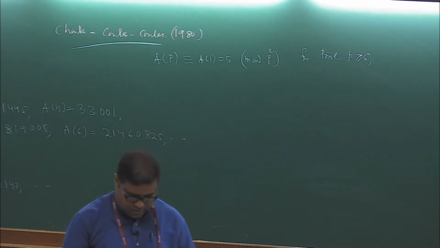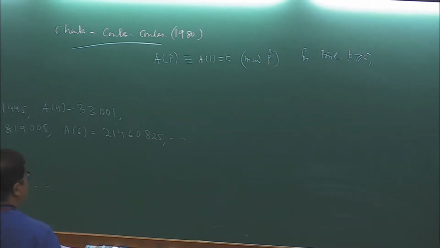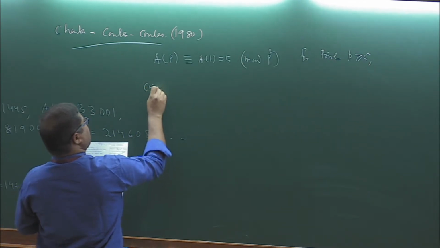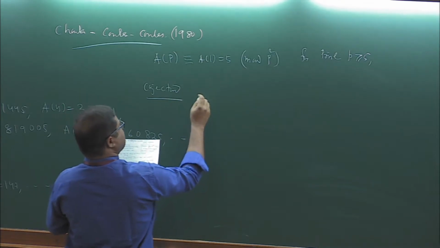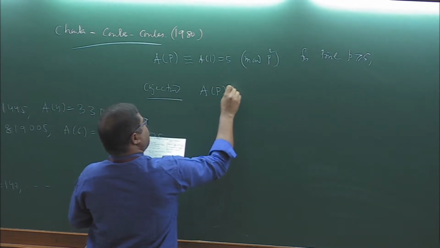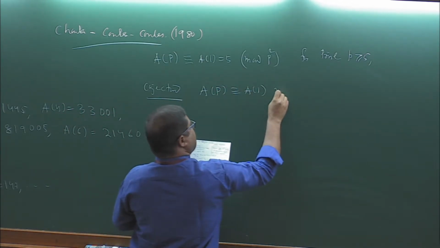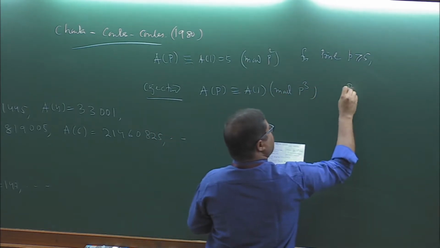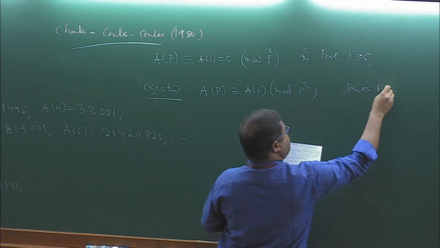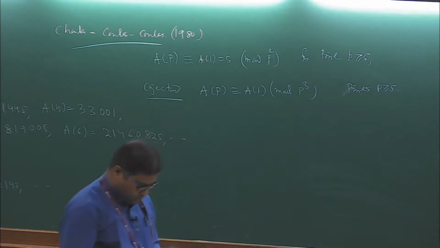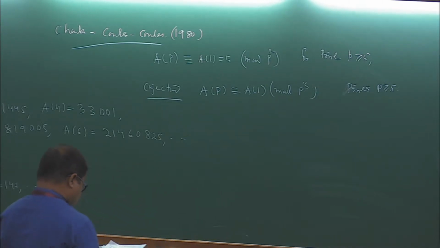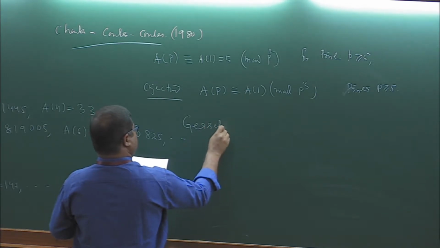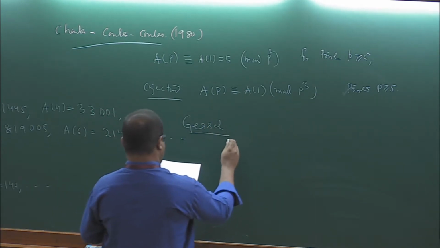So that's in 1980, and in the same paper, Chowla conjectured that this is true mod p cubed for primes p bigger than 5. And the conjecture was proved two years later by Gessel in 1982.